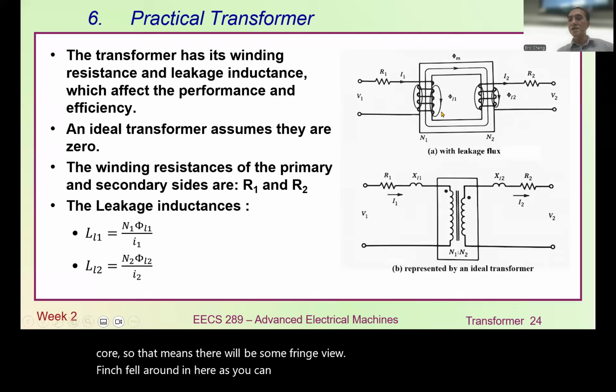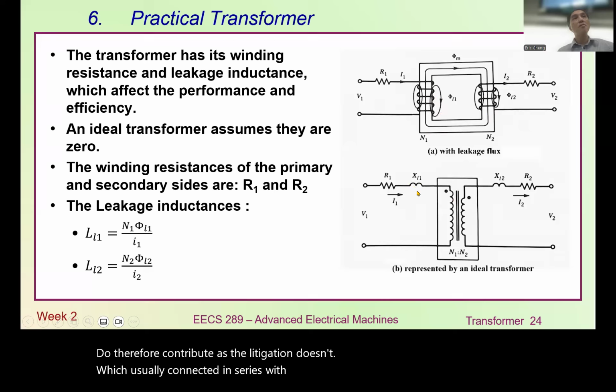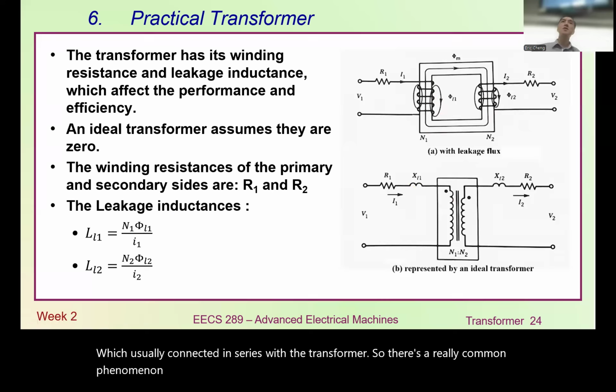This kind of magnetic flux, if it is not linking the main core, we call the leakage flux. This leakage flux will therefore contribute as the leakage inductance, which is usually connected in series with the transformer. So that's a really common phenomenon for all transformers or magnetic systems.